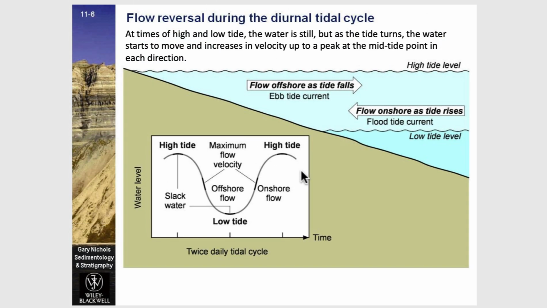So I was mentioning these 6 hours, so if you have a twice daily tidal cycle, you have to expect a phase in which we'll have high tide and then progressively move into a low tide, and this will occur roughly in 6 hours.